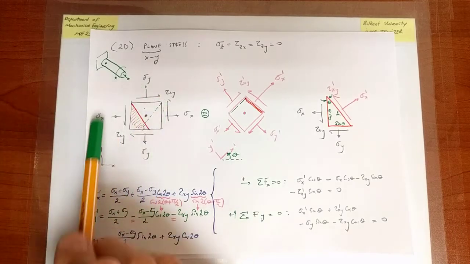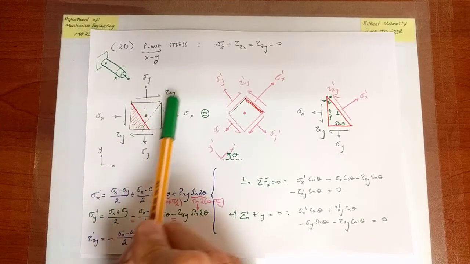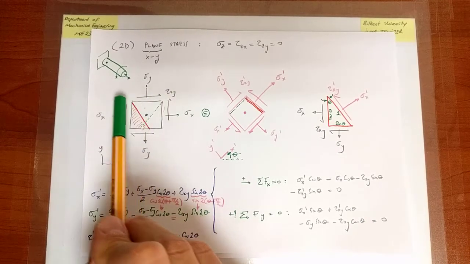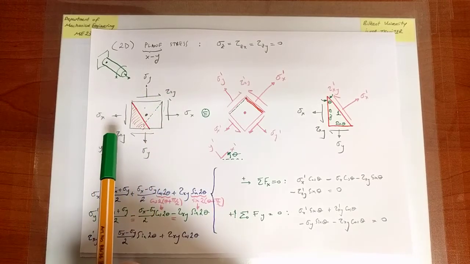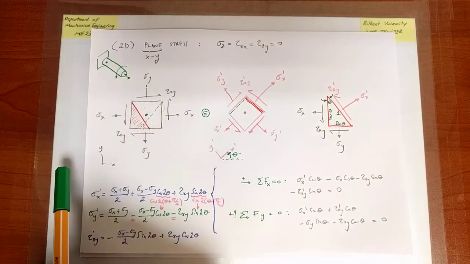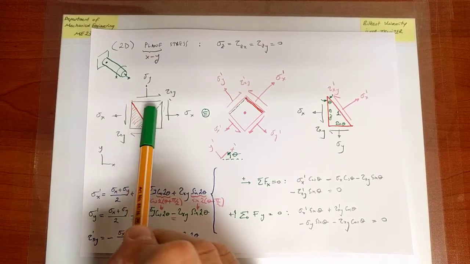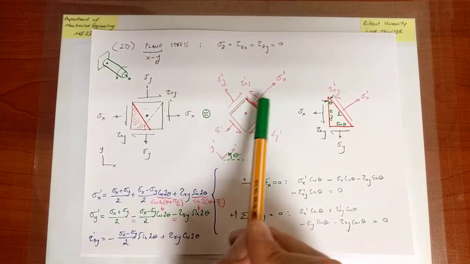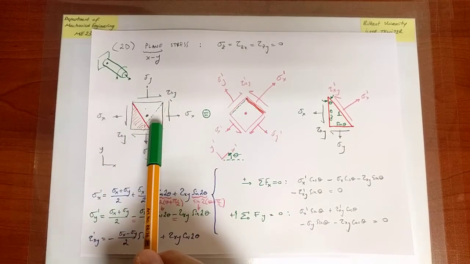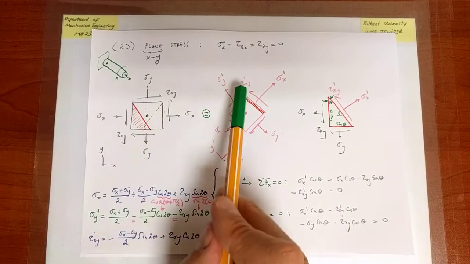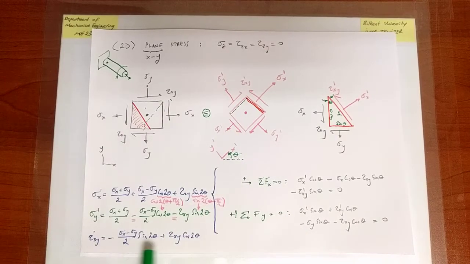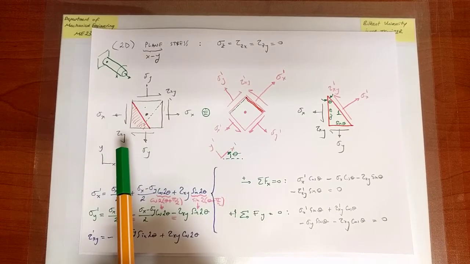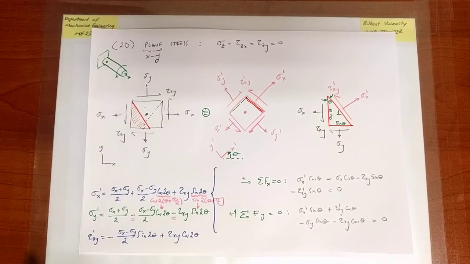Now, I can look at the original picture and calculate the shear stress, but I cannot conclude that if with this picture tau xy is below a critical value, then I am safe. I cannot conclude that because if I had taken a different plane, then the shear stress would possibly take a different value, perhaps larger than tau xy. So tau xy prime could be larger than tau xy.